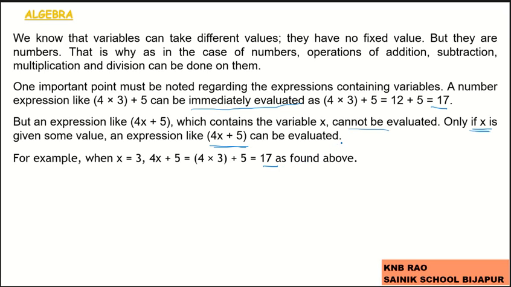Arithmetical expressions having no variable will be evaluated immediately using the BODMAS rule. But algebraic expressions having a variable cannot be evaluated, meaning we cannot find the value of them unless and until we are given some value for the variable involved in it.